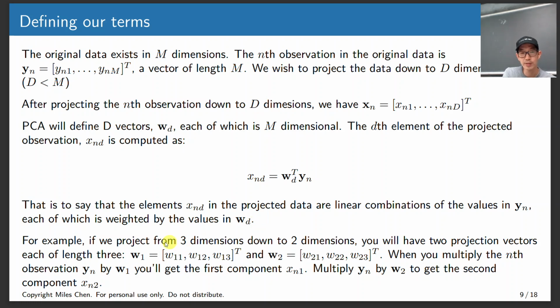So if you have 3 dimensions and you want to go down to 2 dimensions, you're going to get 2 recipes, one for x1, and it's going to show you how to combine the 3 variables in y. You might say take the first column, then take the second column and multiply it by -2, and then take the third column and multiply it by 0.5 and add them together, or something like that.